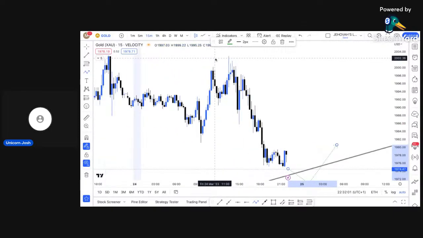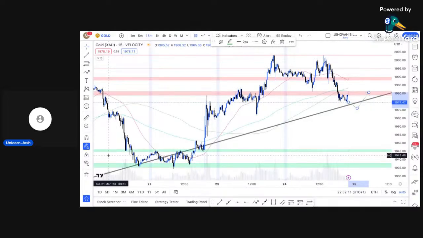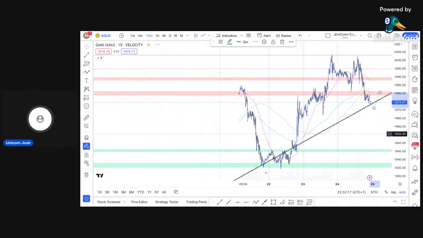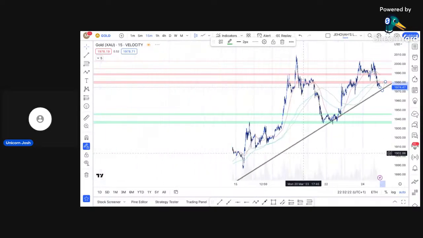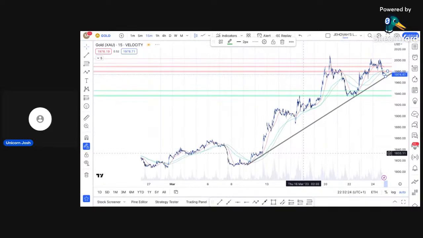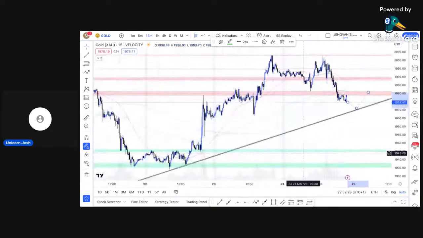Let's see a lower time frame and see if our outlook makes sense on the lower time frame. Okay, more or less. The trend line is looking slightly different on the lower time frame. Okay, that was just a little glitch.